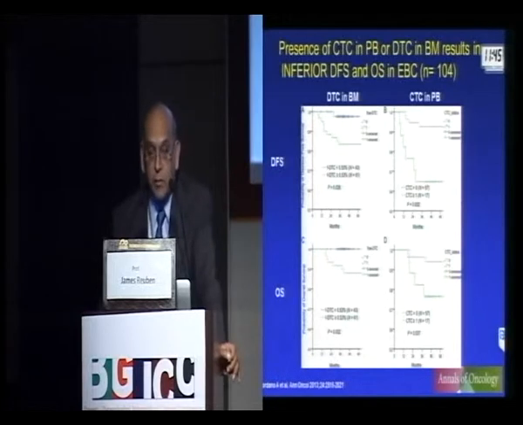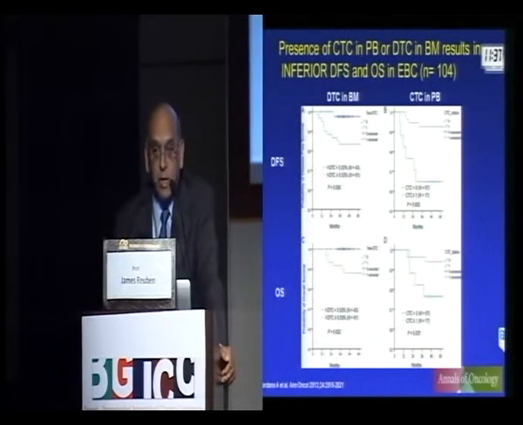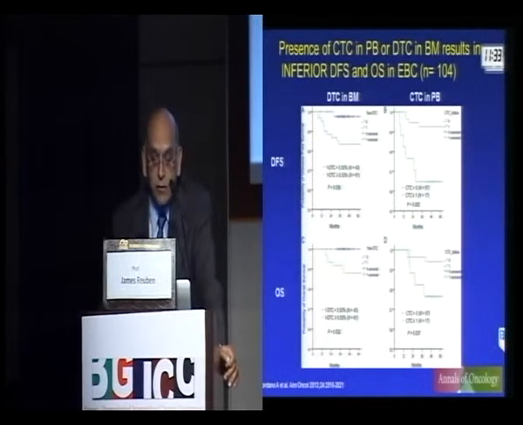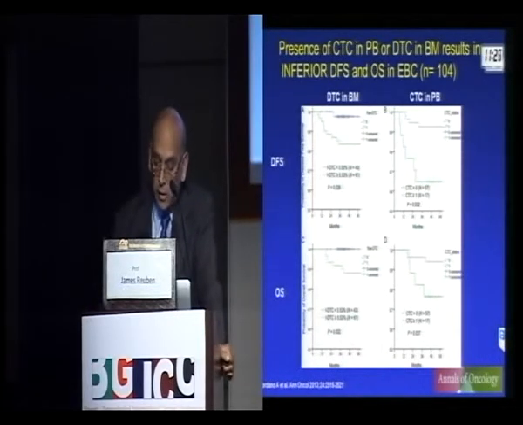And on the right panels, you see the same patients that had at least one CTC. Now remember that in the metastatic setting, you have to have at least 5 CTCs. But in the early breast cancer patients, if you have as few as one CTC, you are compromised, you had inferior DFS and overall survival.